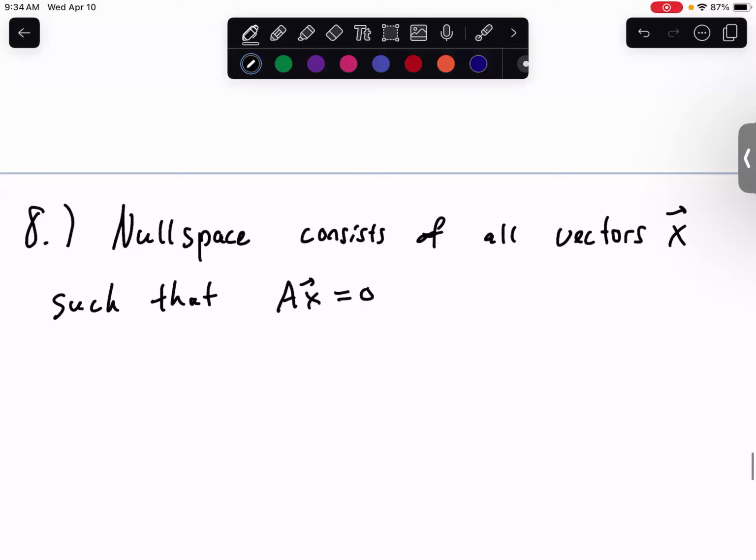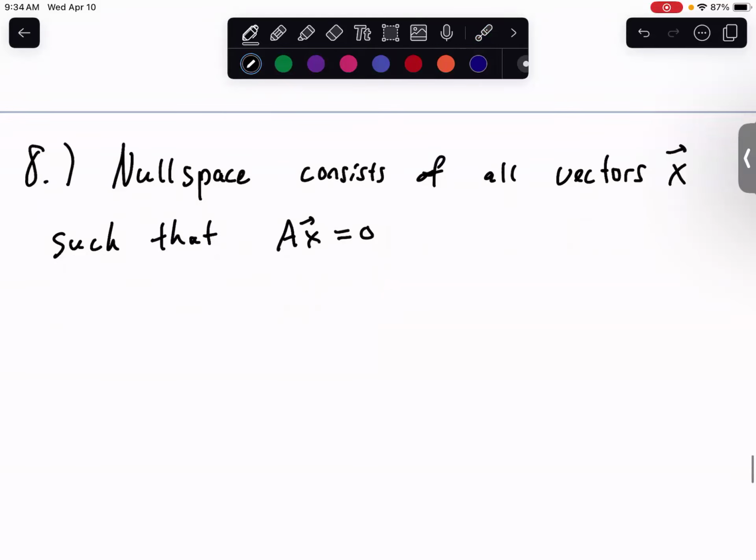And so if you rewrite this equation, AX is equal to 0, you can express A as a bunch of rows, right? Like row 1 over row 2 over row 3, so on and so forth.